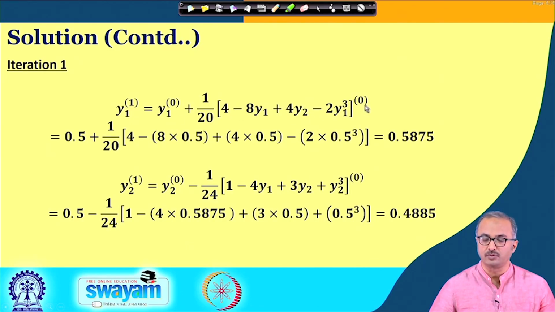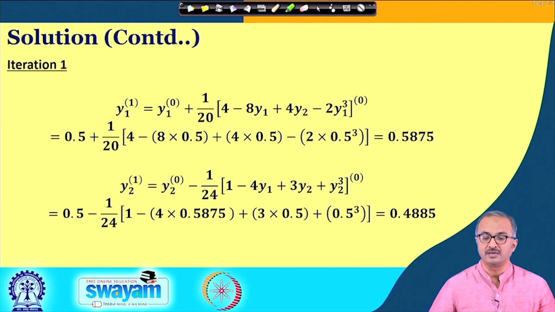This shows that we are putting in, whatever is inside the bracket, at the 0th level. So we put the 0th level values over here and we update the y1 value. We can see that 0.5 has moved up to 0.5875. And next we update y2 also, and we find that we are getting 0.4885.